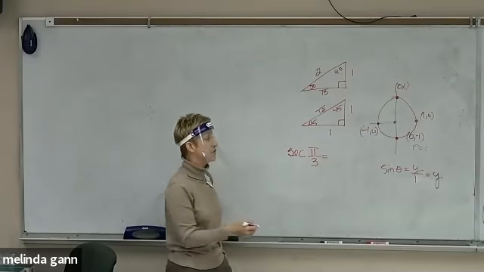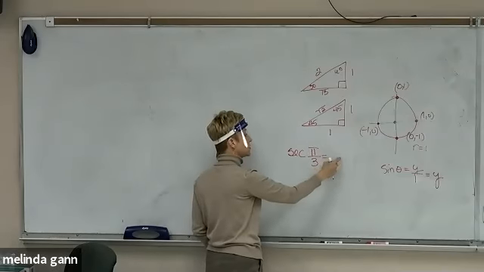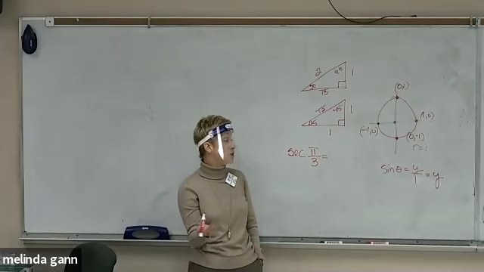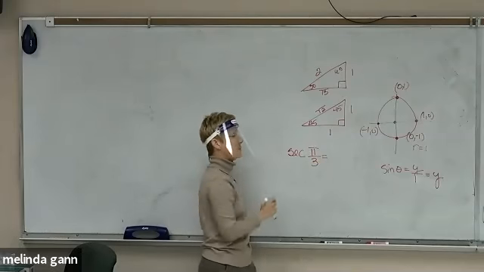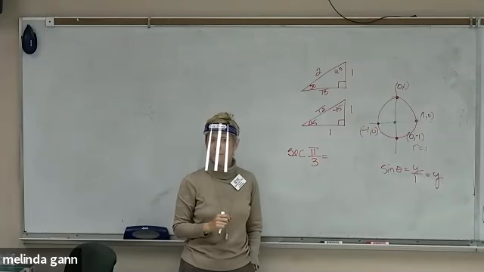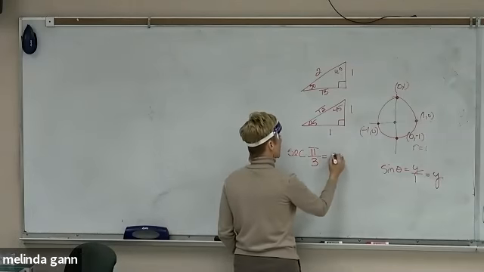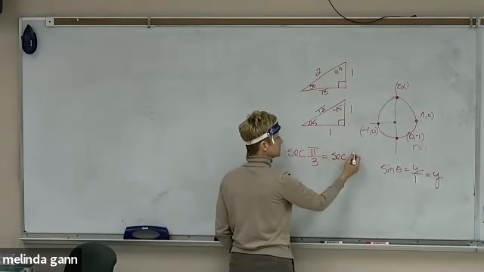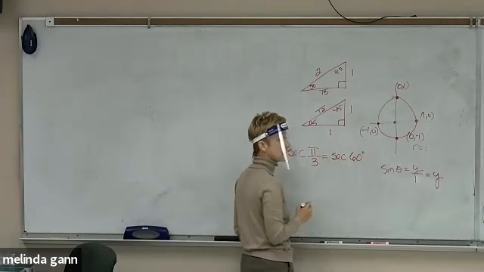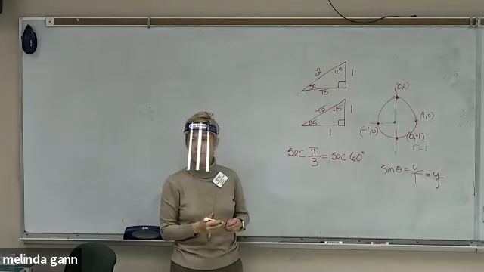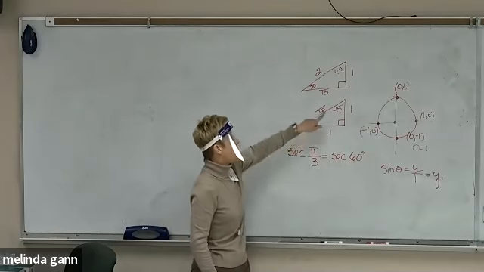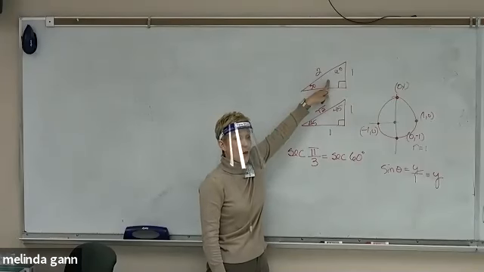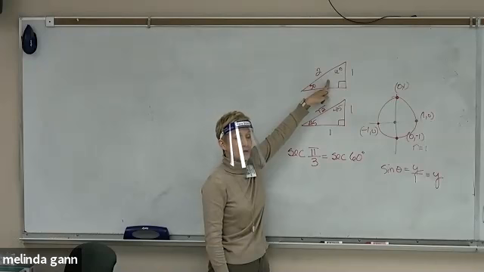Well, first of all, you got to be able to change pi over 3 to degrees probably, because you probably do think better in degrees. So pi radians is how many degrees we said last time? 180. So that's really asking you to find the secant of what degree? 60. Correct? Now, so I'm not on this triangle, I'm on this triangle. Now, what is secant in words?